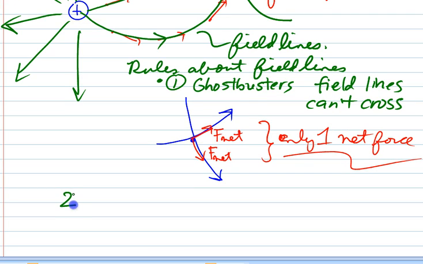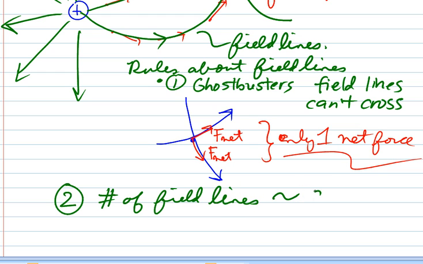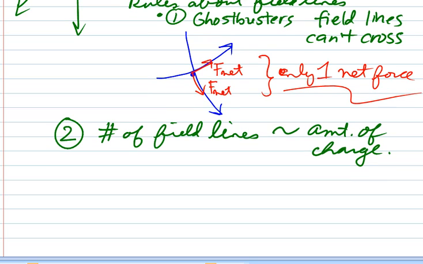Rule number two about drawing field lines is that the number of field lines is roughly proportional to the amount of charge. Let me give you an example. And this is a way for us to keep track of things, because otherwise we could just draw tons and tons and an infinite amount of field lines and it wouldn't really mean anything.